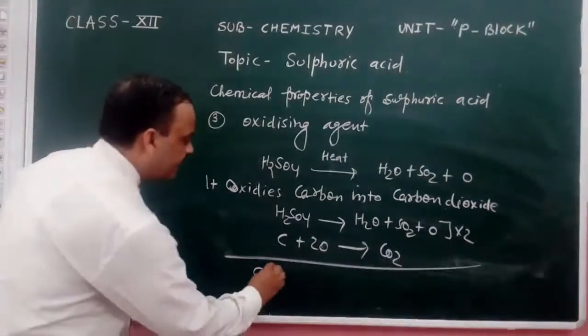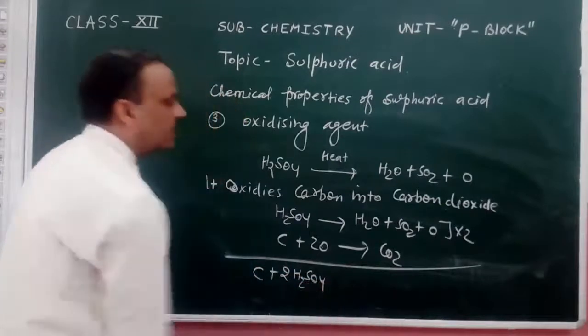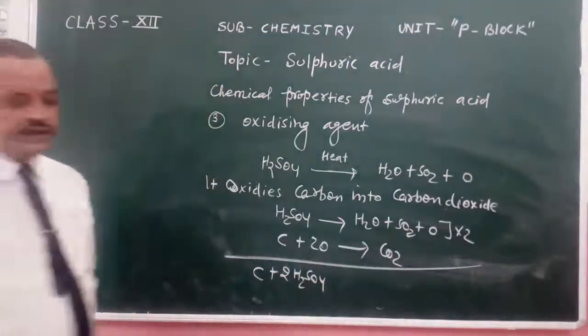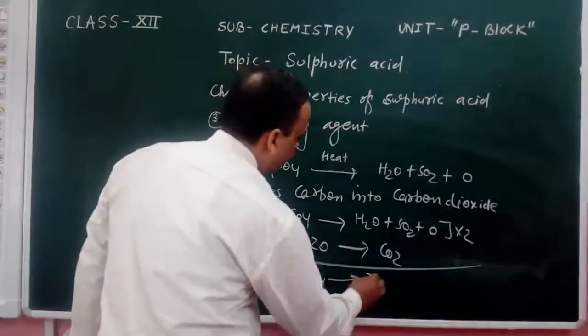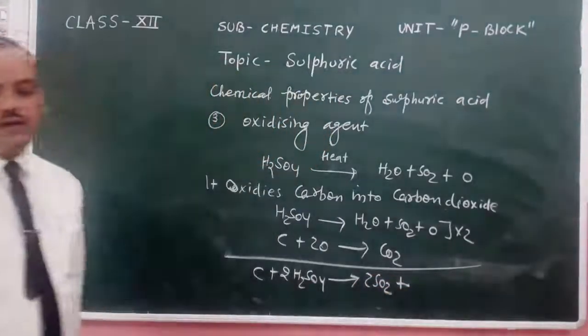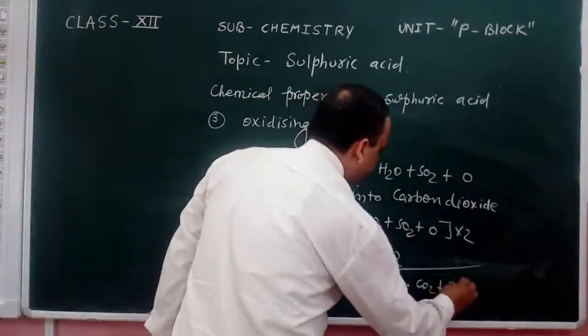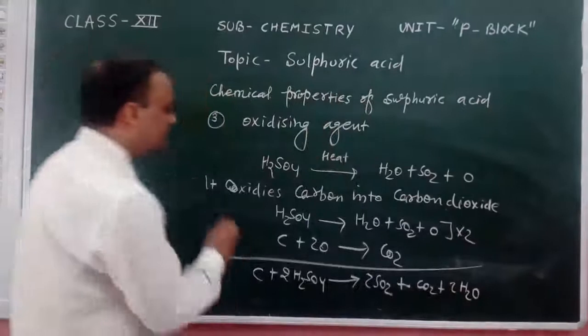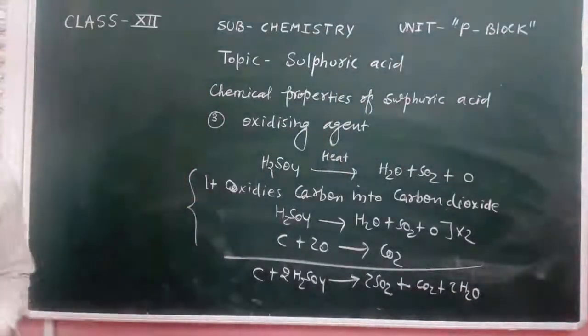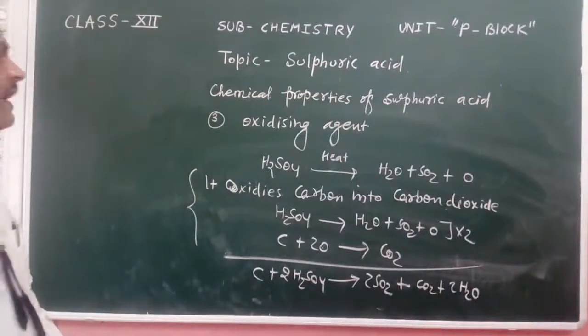Then C plus 2H2SO4 gives the overall reaction: 2SO2 plus 2H2O plus CO2 plus 2H2O. So H2SO4 is behaving like an oxidizing agent.